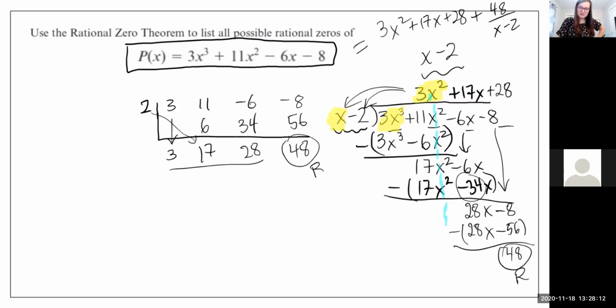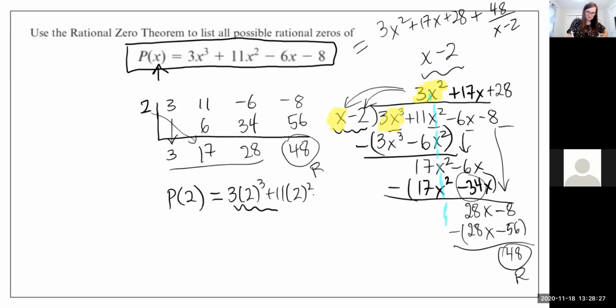The other thing we learned last day was the remainder theorem. If you just put 2 in for this polynomial, you should get the remainder. So if I go 3 times 2 cubed plus 11 times 2 squared minus 6 times 2 minus 8, whatever that gives me should give me the remainder.